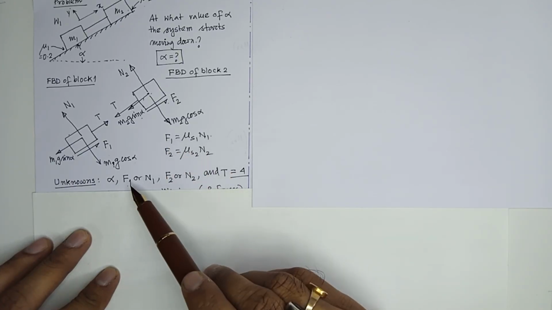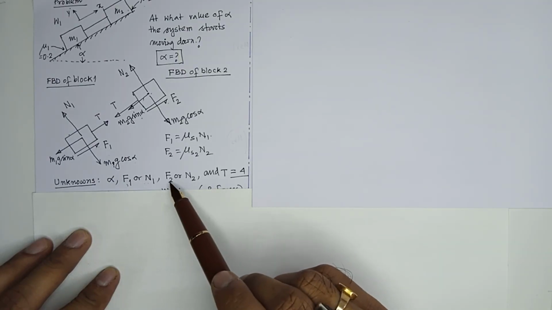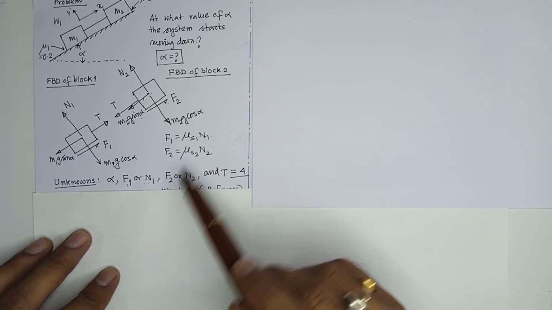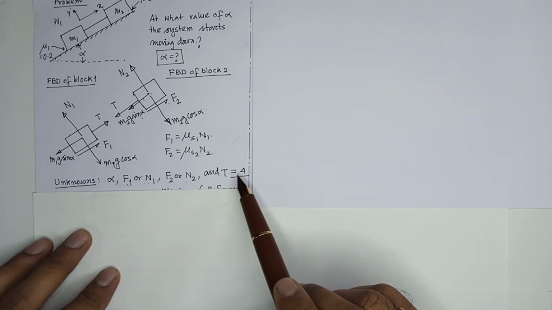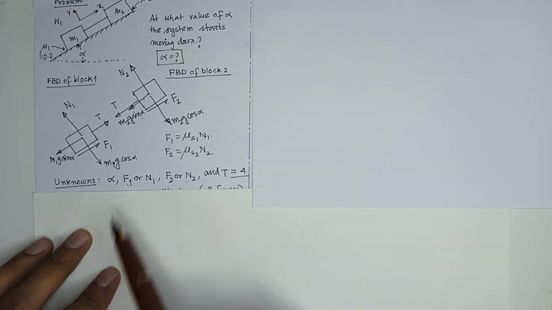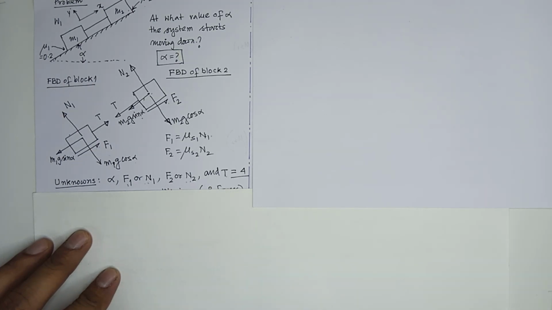Therefore, either f1 or n1 is unknown. Similarly, f2 or n2, one of them is unknown, another can be determined from these relations, and t is the unknown. So how many unknowns are there? 1, 2, 3 and 4. So 4 unknowns are there.